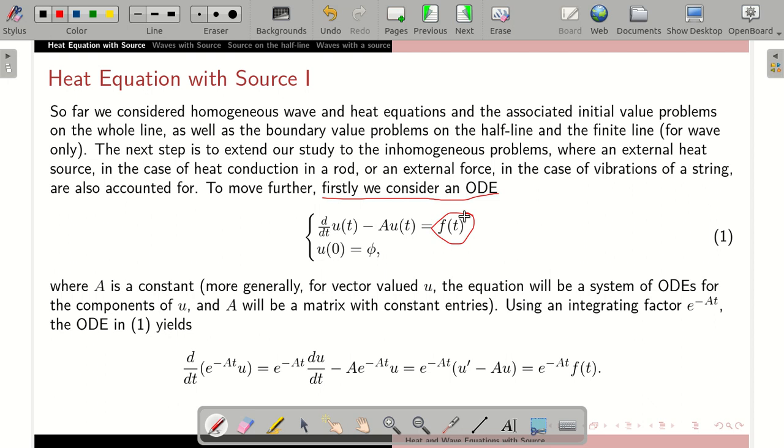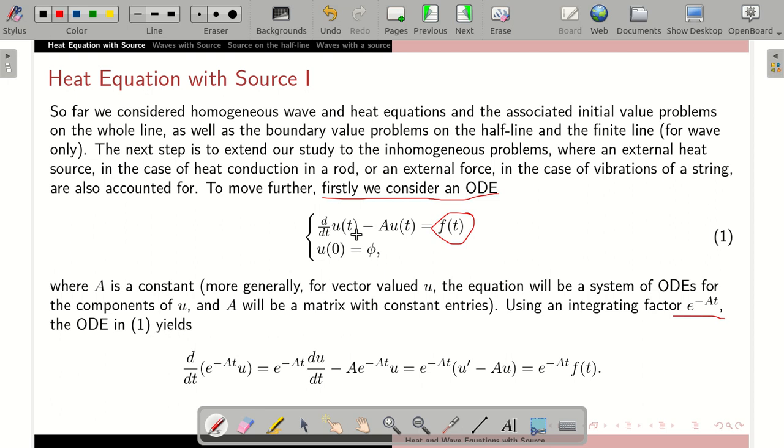Firstly I will take an ODE, d by dt u(t) minus a u(t) equal to f(t), with one initial condition that at t equal to 0 the solution is phi. The ODE has constant coefficients and is linear, and we have an integrating factor e power minus at.